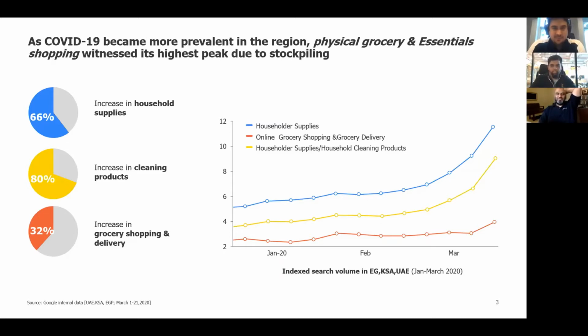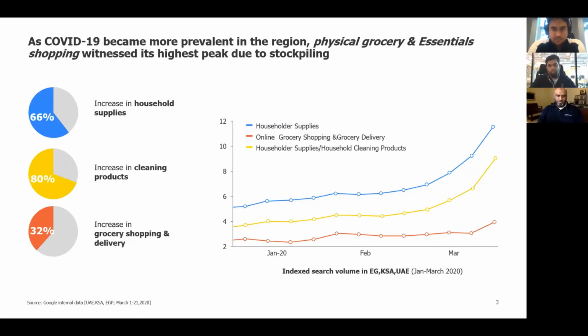And today in the world of social media, where things can get viral in a few minutes, that further causes problems for the authorities who manage this. So household supplies is a much bigger segment, and that saw the biggest spike in terms of search.